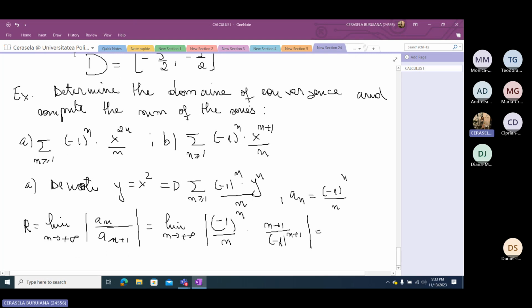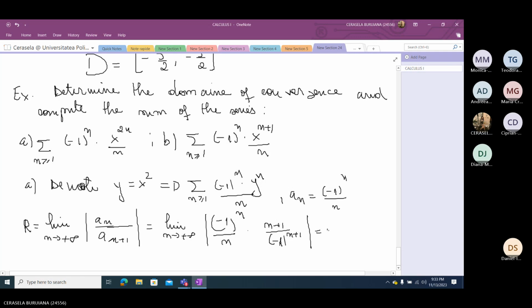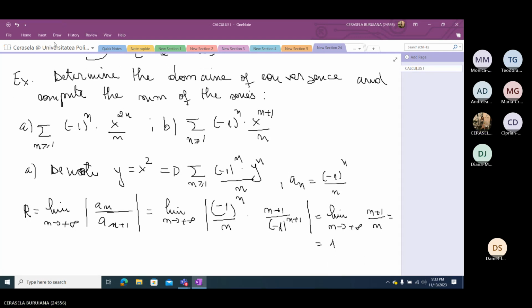So we get only the limit when n goes to infinity of n plus 1 over n, which is 1. Okay, so the series in y will be convergent from what we learned till now. The series in y, I repeat, will be convergent for the interval (-1, 1).